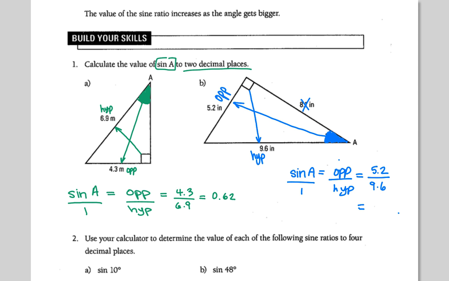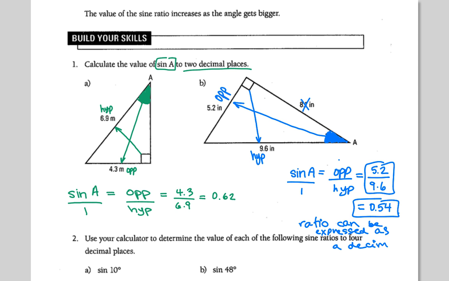So typing in my calculator, the ratio, 5.2 divided by 9.6, 0.54. So it's important that you understand that a ratio can be expressed as a decimal, and it's important to understand that this ratio is consistent for all similar triangles.